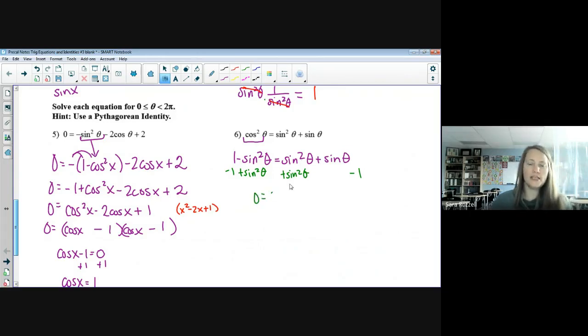So that makes how many sine squared thetas on the right-hand side? 2. So 2 sine squared theta.